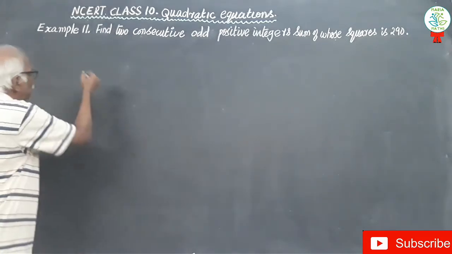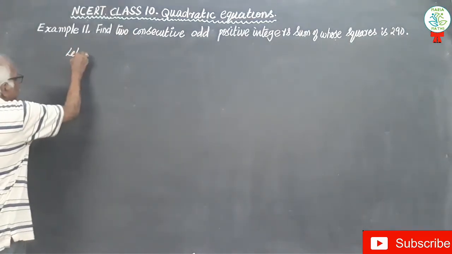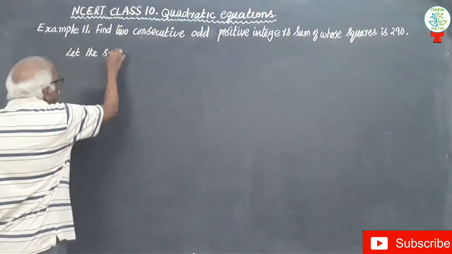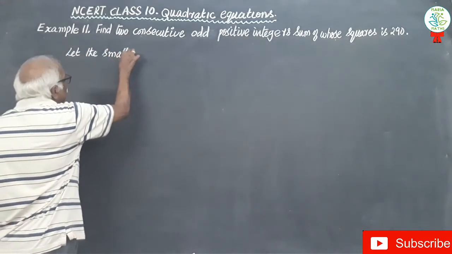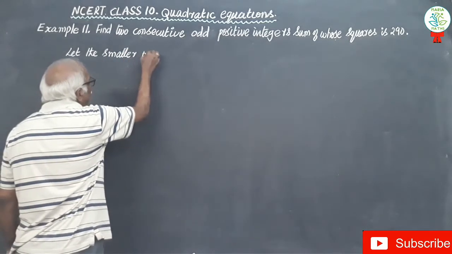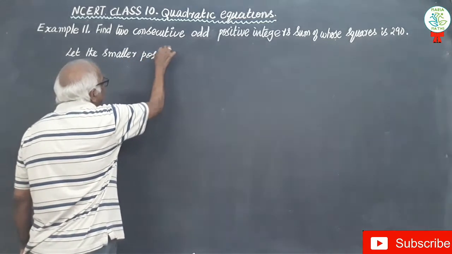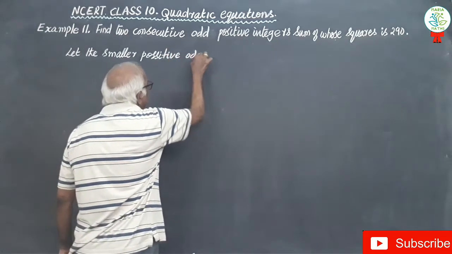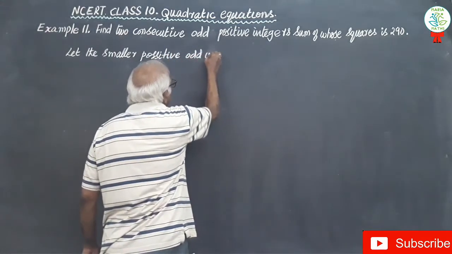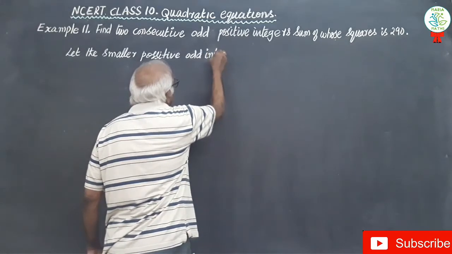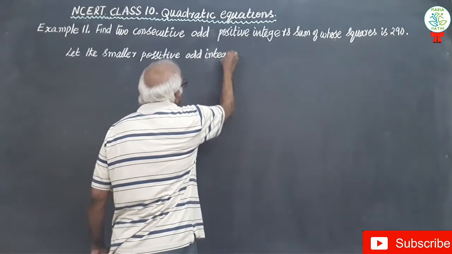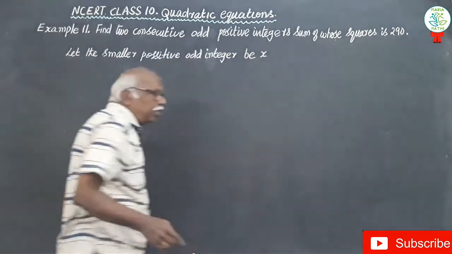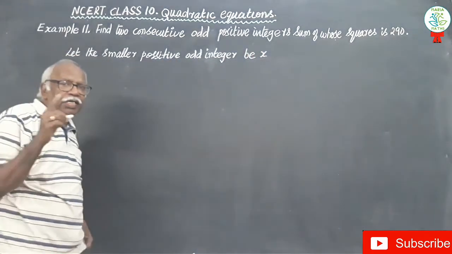Let the smaller positive odd integer be x.